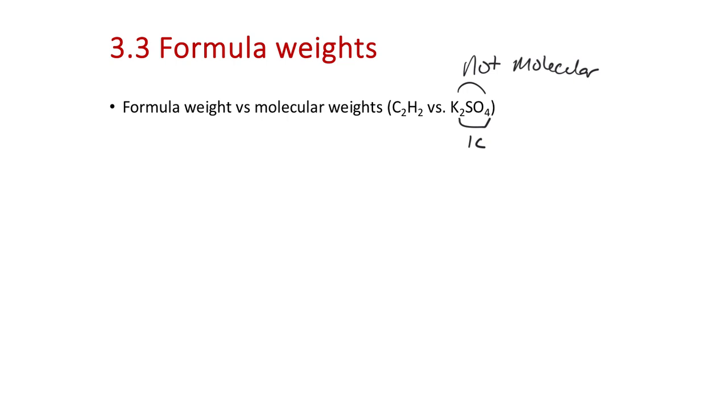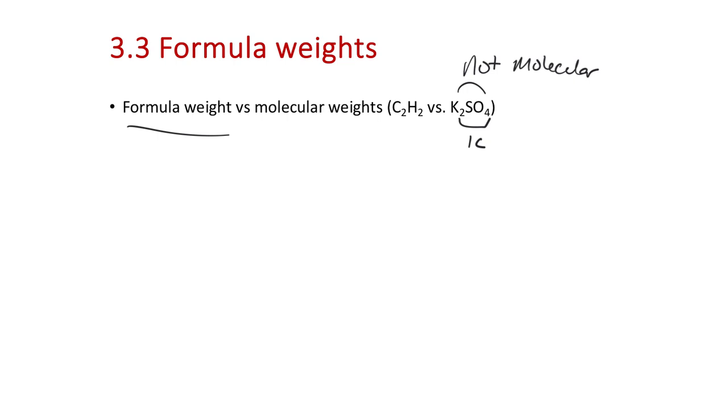Now, I'll tell you, you will see people calling it formula weight. The formula weight is what you would think the molecular weight would be. It's just the simple summation of 2 potassiums, a sulfur, and 4 oxygens. A lot of people will call that a molecular weight, but it's better termed just the formula weight. So K2SO4 would have a formula weight that just finding it is the exact same process as a molecular weight. It's just not really a molecule.